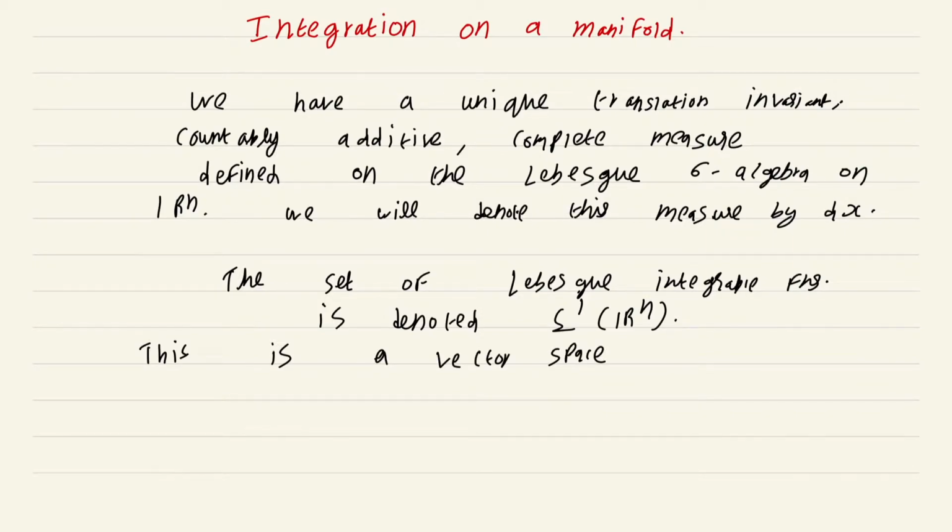We have a seminorm on this vector space given by f going to the integral of mod f dx. Now this is a seminorm. Seminorm means there are functions other than the zero function for which the norm is 0. As you are familiar from Lebesgue integral theory, whenever two functions agree except on a set of measure 0, that is if f and g are almost everywhere equal, then their integrals are the same. Therefore this will just be a seminorm.